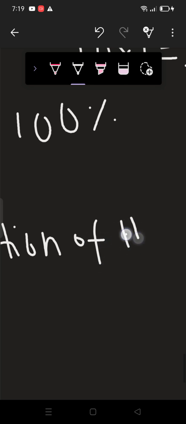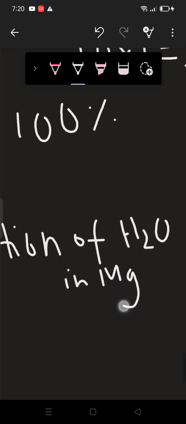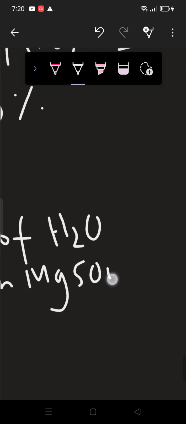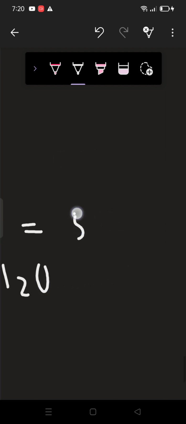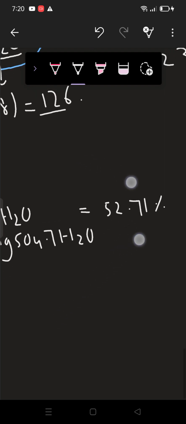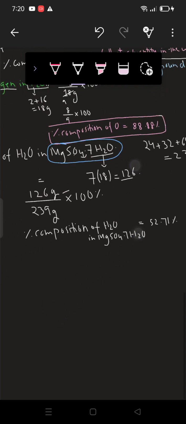When I solve this, I'm going to get the percentage composition of H2O in magnesium sulfate with 7 molecules of H2O as 52.71%, and the rest would be magnesium sulfate, right?